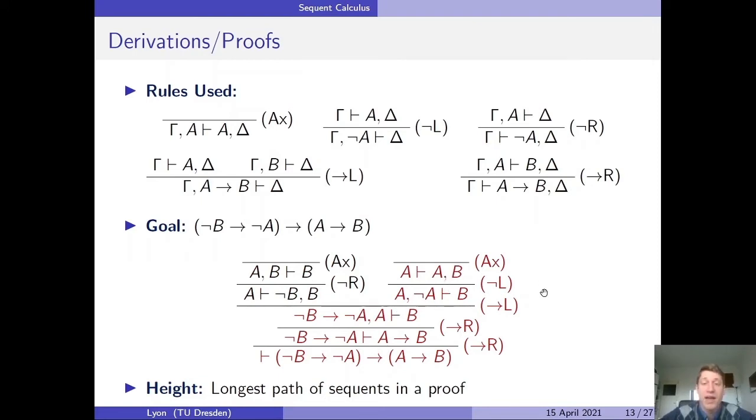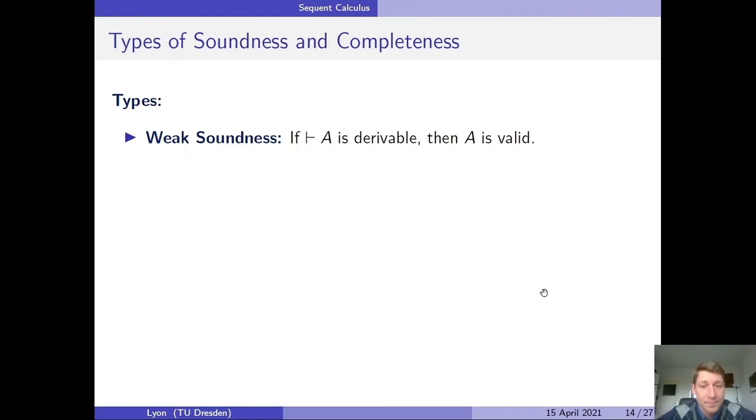So this would mean that the height of our proof is 5. So again, the height is obtained by finding the biggest number that corresponds to the maximal path inside of your derivation. And I'll be using this metric later when I prove a property by induction about our calculus.